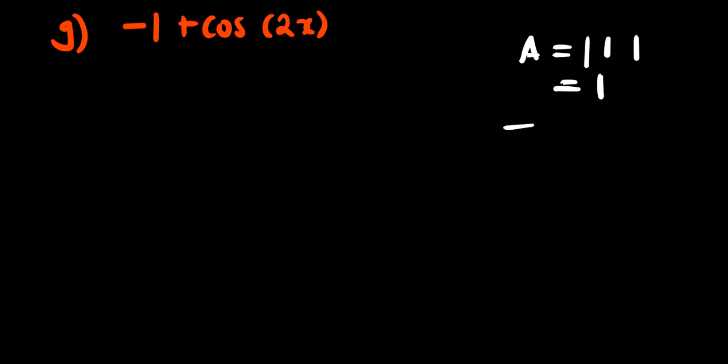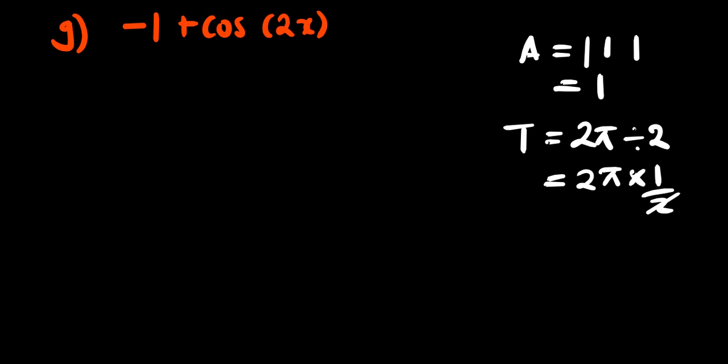The period is 2 pi over b, or divided by b. In this case, the b is the coefficient of x, which is a 2. So we are going to have 2 pi divided by 2, and we're just going to remain with pi.